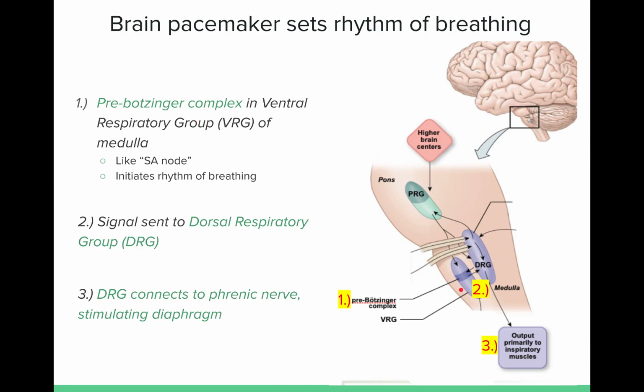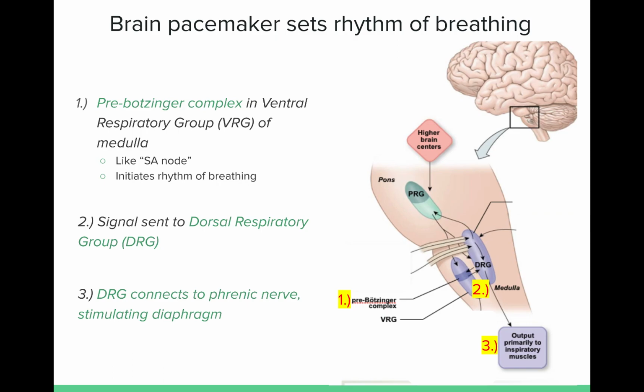But this little subsection of the ventral respiratory group, the Pre Botzinger complex, is basically like your SA node. So when you think of the SA node for the heart, think of Pre Botzinger complex for the respiratory system. This is the reason you can breathe when you're asleep, because it just automatically fires action potentials.